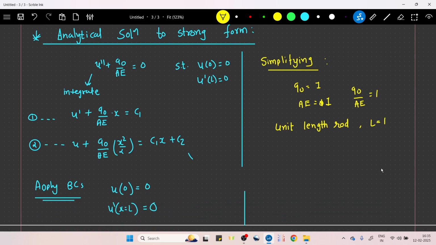So what is my differential equation here? It becomes u'' plus 1 equal to 0, subject to boundary conditions u of 0 equal to 0 and u' at x equal to 1 equal to 0.